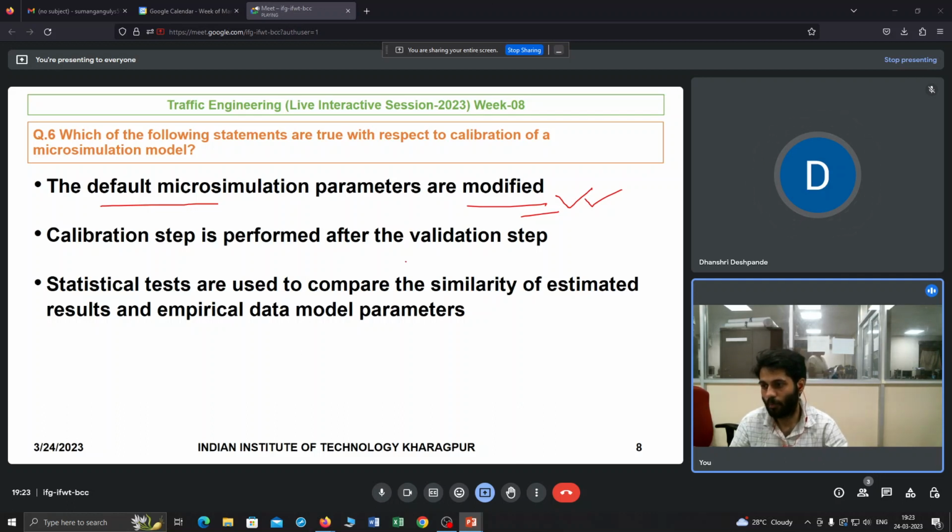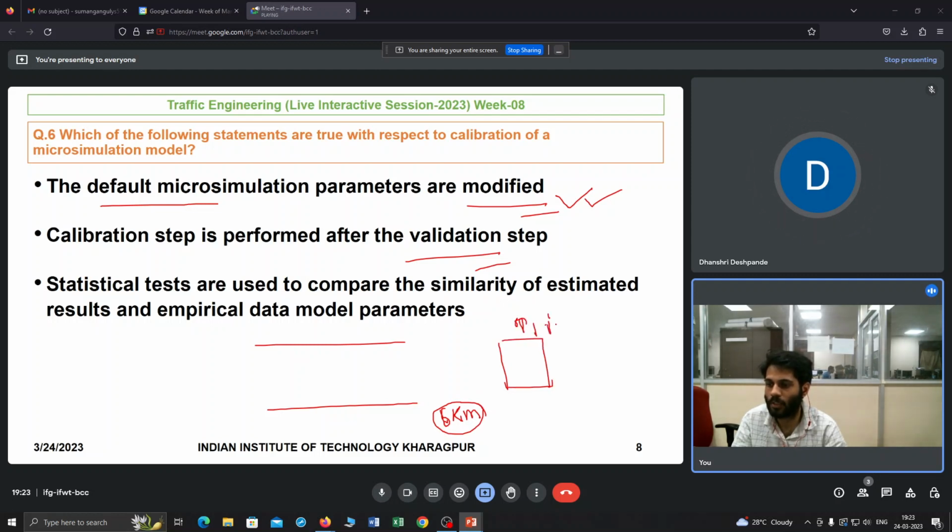Okay, so I missed that validation step, so let me discuss it here. Let's imagine you have this kind of traffic corridor of, suppose, 5 kilometers, and you already collected data and developed a model and you calibrated and you found that these are my optimal parameters of car-following, right? So some parameters are there, about how vehicles will interact.